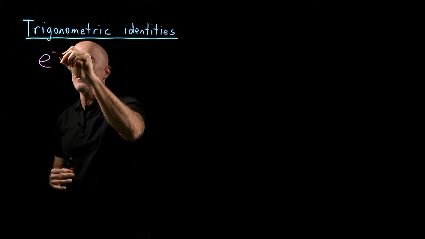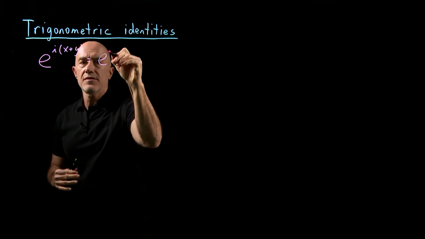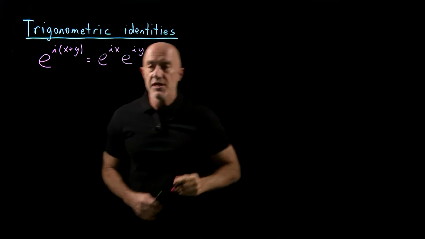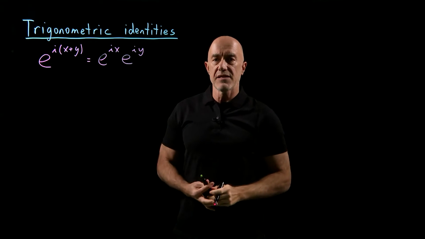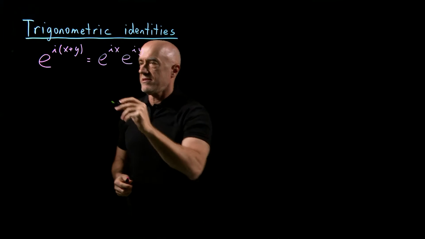We know that e^(i(x+y)) is equal to e^(ix) times e^(iy), just from the property of exponential functions. Now let's apply Euler's identity to this equation.